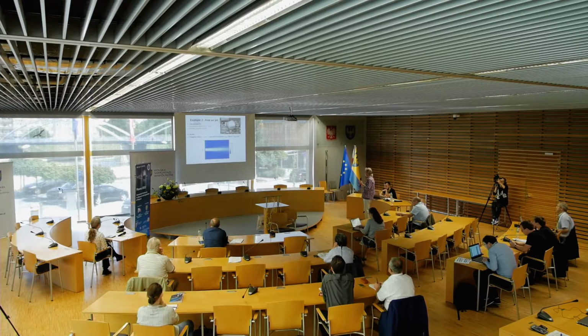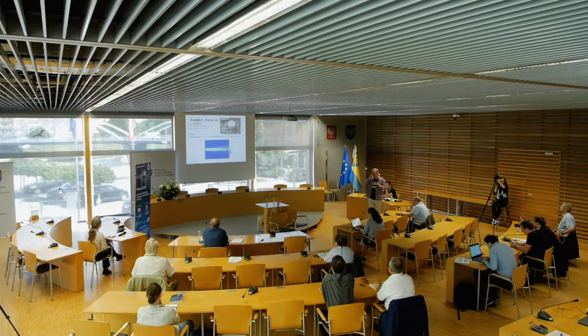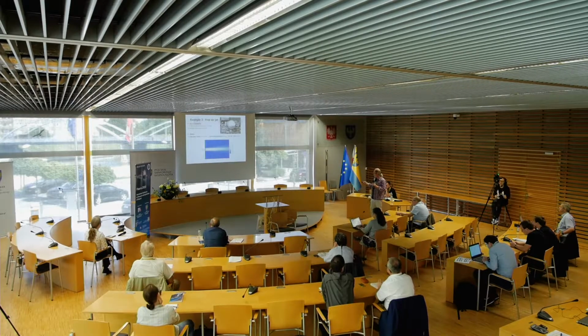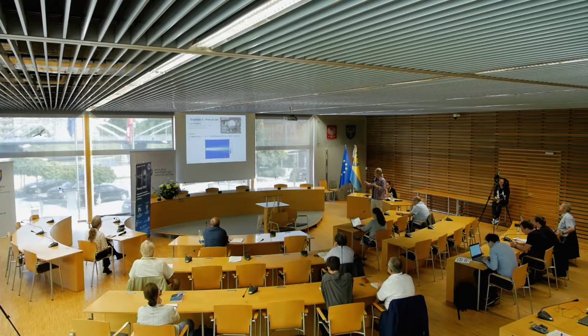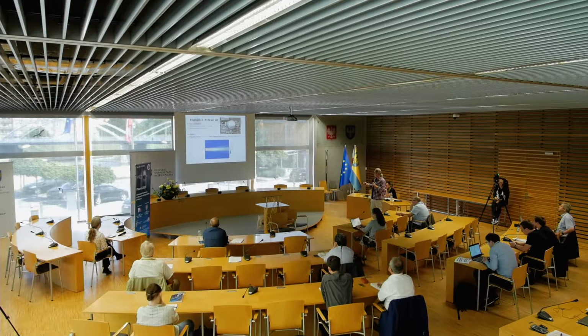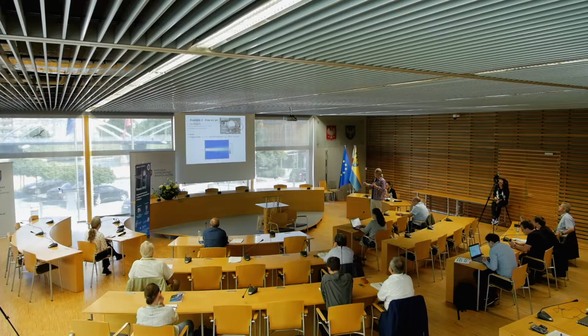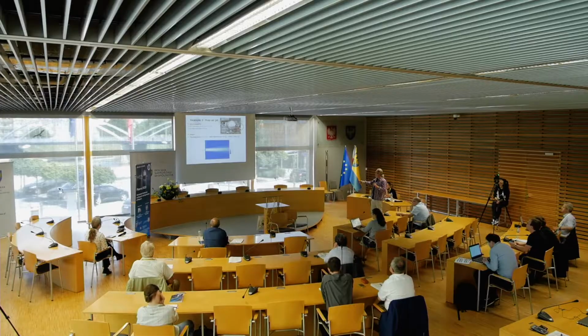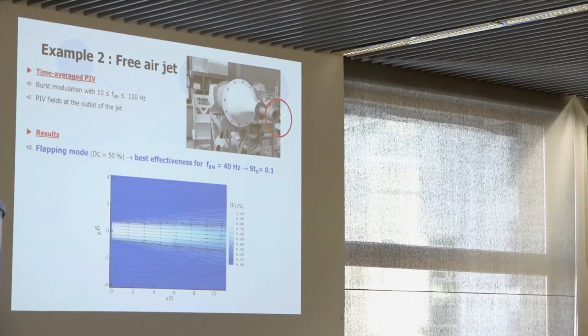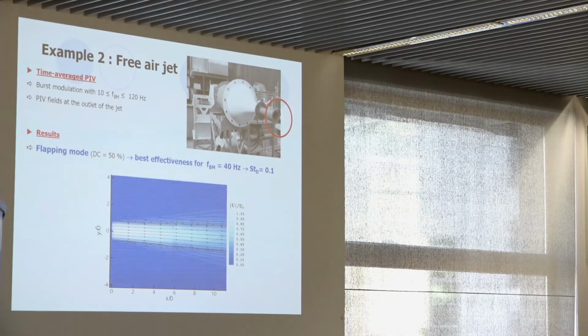The second example is the flow at the exit of a round jet, as we can see here. We are going to observe the flow at the exit here. It is the case here, with different frequencies of the applied discharge. Here is the flow without discharge.